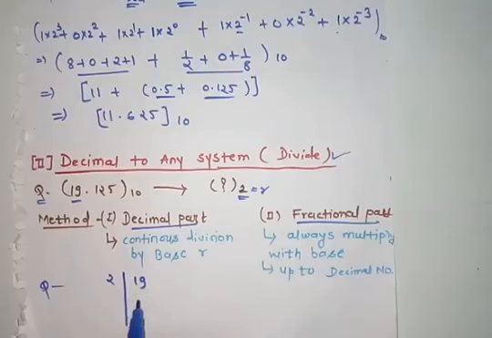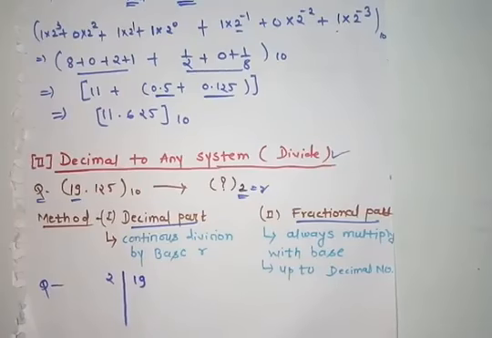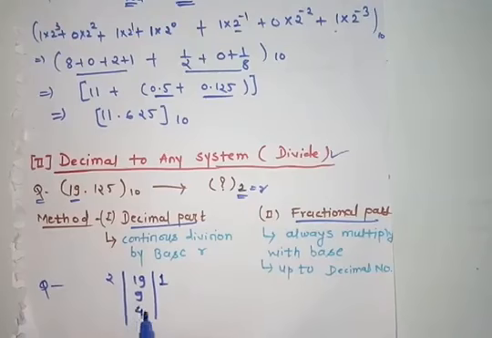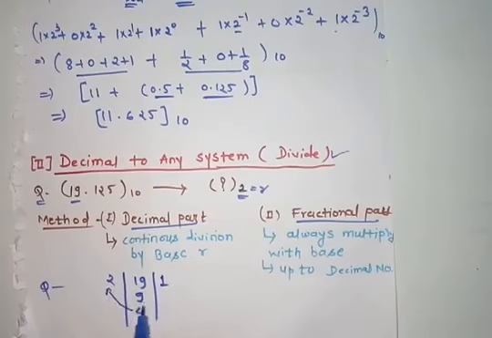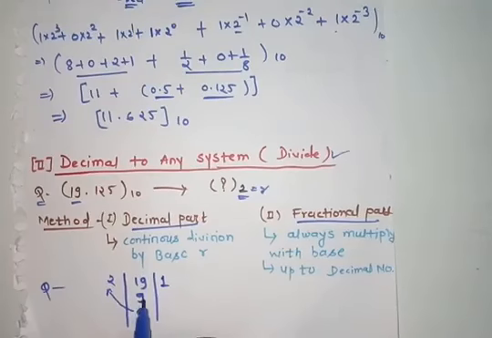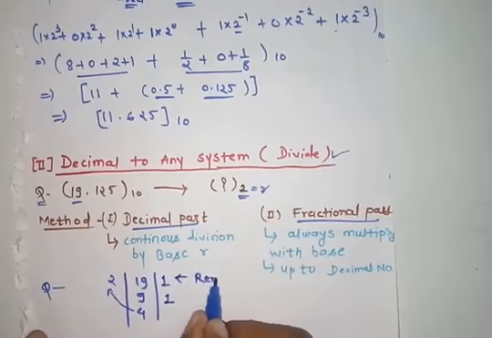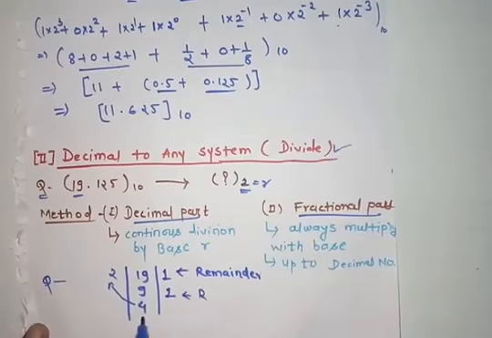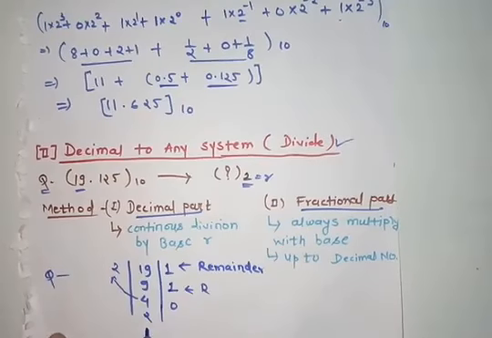R value is 2, so we divide by 2. 19 divided by 2 is 9, and I got remainder 1. Then 9 divided by 2 is 4, and the remainder is 1. Then 4 divided by 2 is 2, remainder 0. After dividing 2 by 2, we got 1.